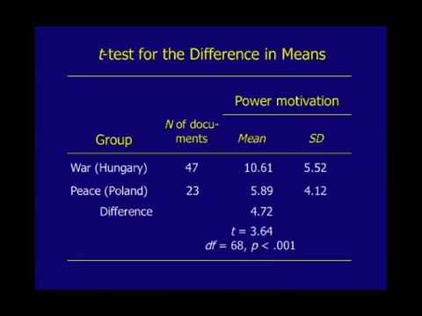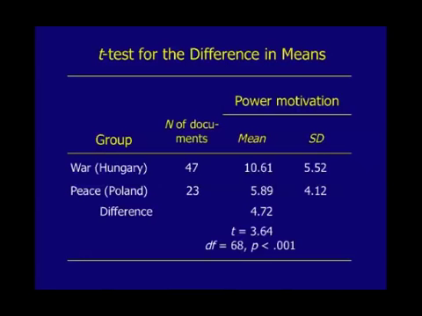The degrees of freedom are equal to the number of documents in each group minus 1, or 68 total. The probability of getting a t-value of 3.64 with 68 degrees of freedom is very, very low.